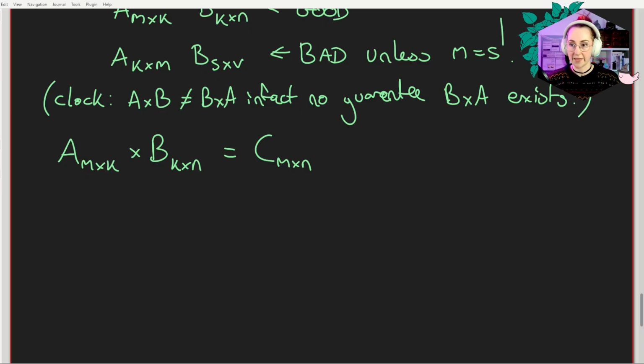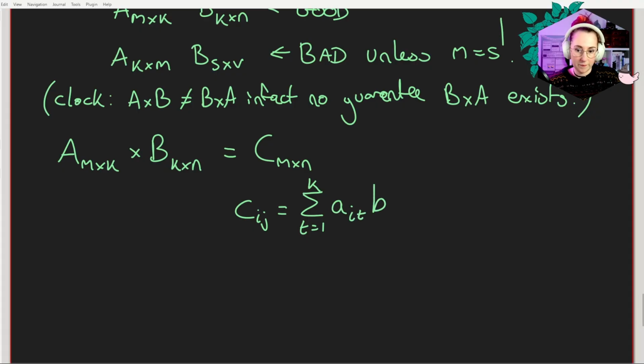And this is then equal to, each individual entry is the sum over the products, for t is 1 through k, A_it B_tj, where i is 1 through m and j is 1 through n.